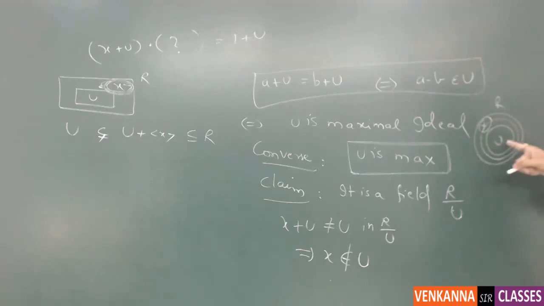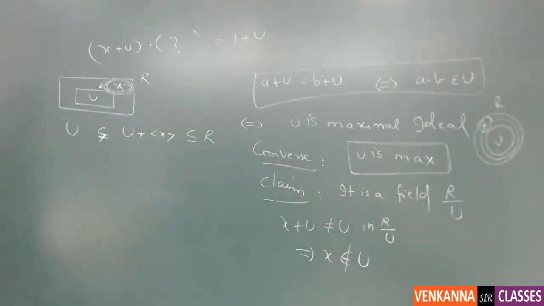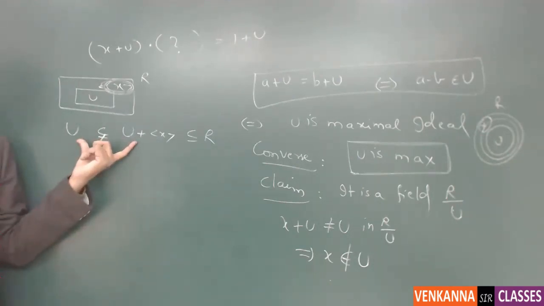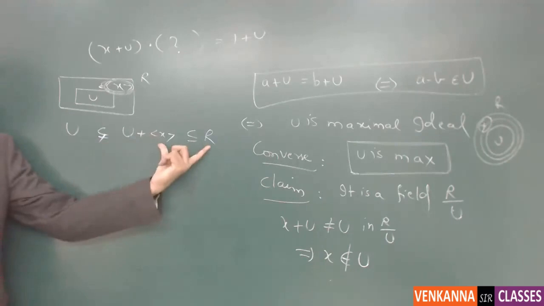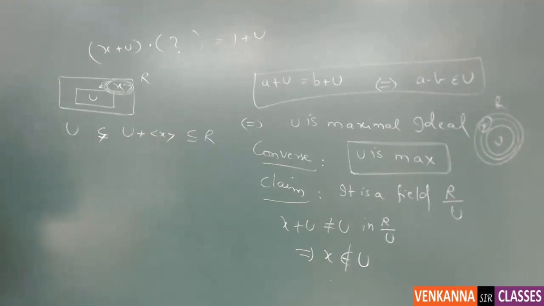If U is a maximal ideal, you cannot find an ideal which is between U and R, isn't it? So whenever you have a relation like this, either these two are equal or these two are equal. That is the definition of maximal ideal. Can you recollect it now? Say.